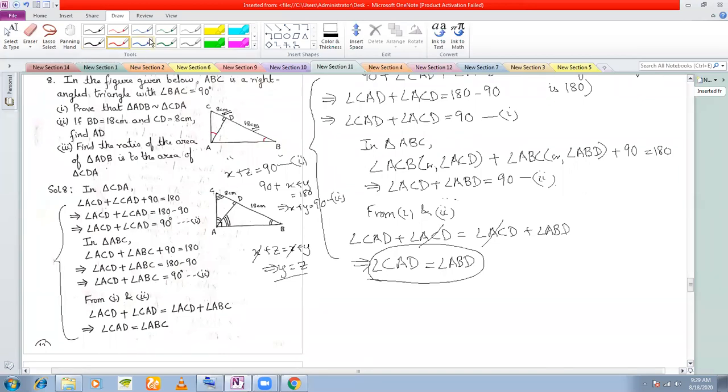Say these two are right angles. And the third angle that is given, that should be equal, are these two. Let us now write the proportional sides. Triangle ADB similar to triangle CDA. Sides are proportional.